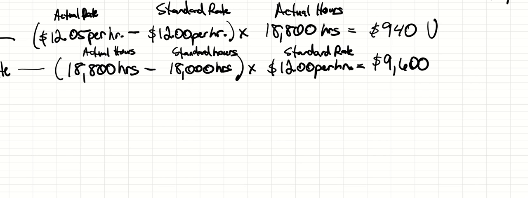That's kind of a big variance. Now we have to figure out if this is going to be a positive or a negative variance, or favorable or unfavorable. Well, since the number of hours is more than what was expected, so the standard hours, this is going to be unfavorable as well. So more hours was actually used in production, so that is a cost more than what was expected.